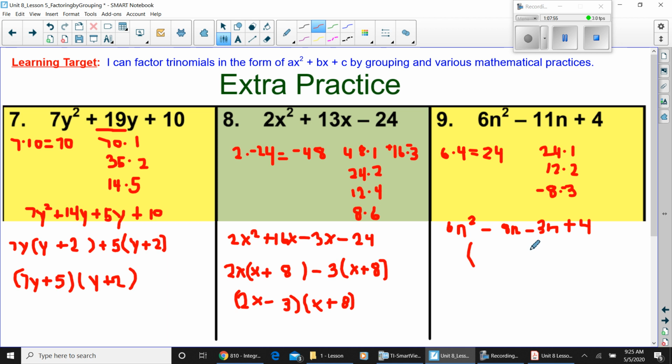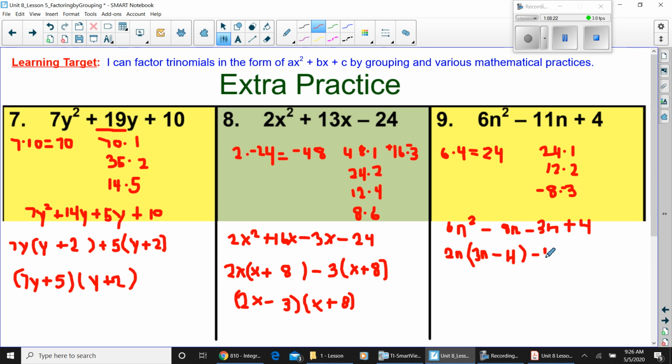So you're going to factor out. Is there a number that goes in? Greatest common factor. 2 goes into both, and then n is going into both too. 2 times what equals 6, that's 3, and n times n equals n squared. 2 times what equals 8, well, that is 4.